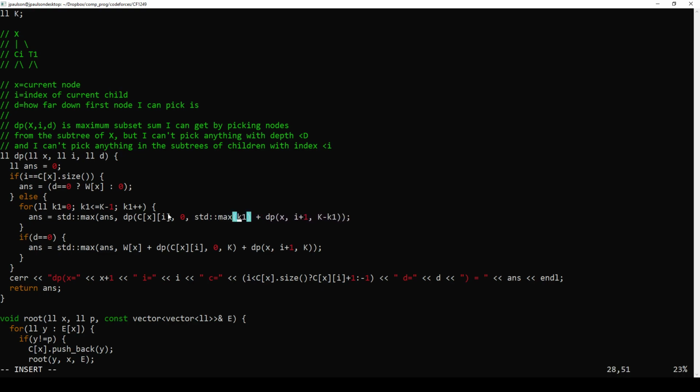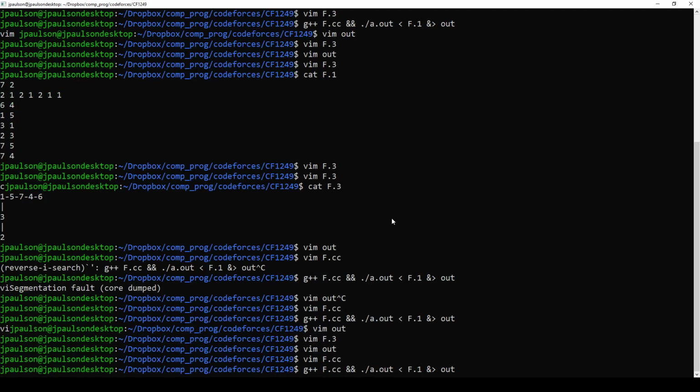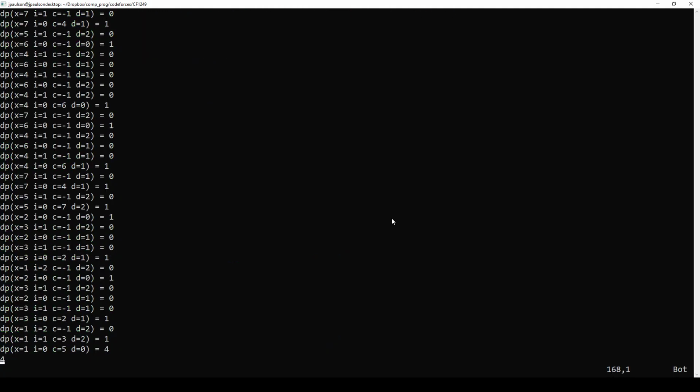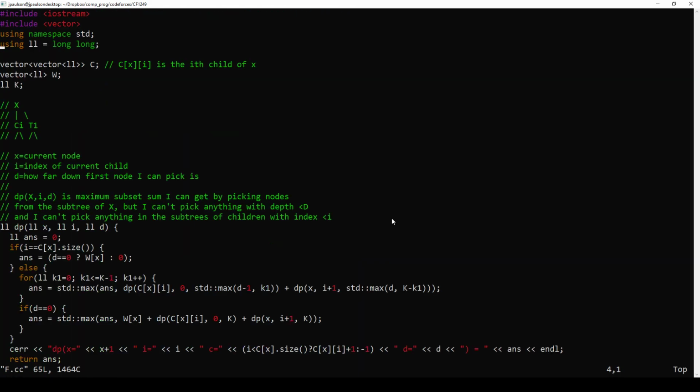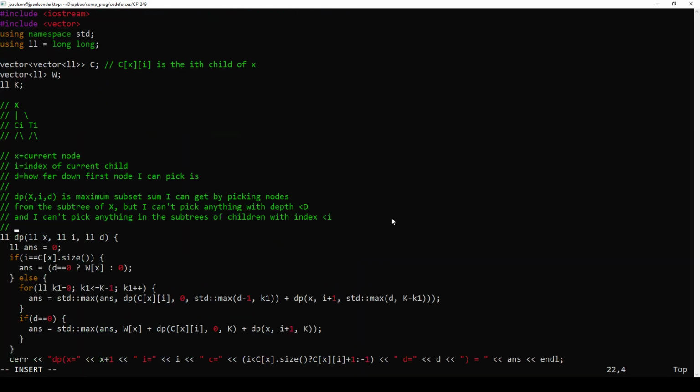So this is actually std max d minus 1 in k, and this is std max d, because this is actually descending into a child, so you get d minus 1. This is staying put, so it's d. Okay, and now we get 4. So this might be correct.